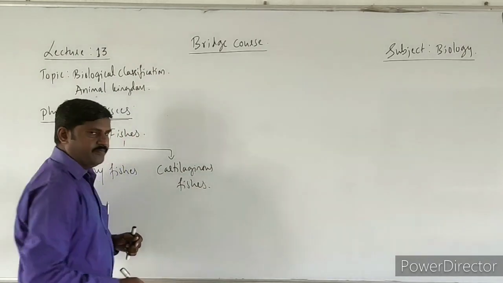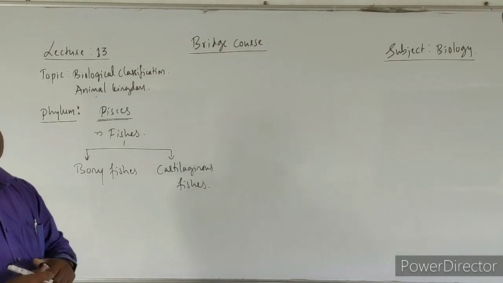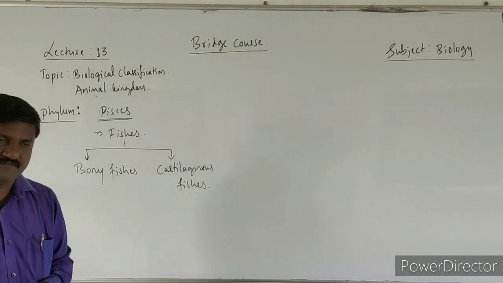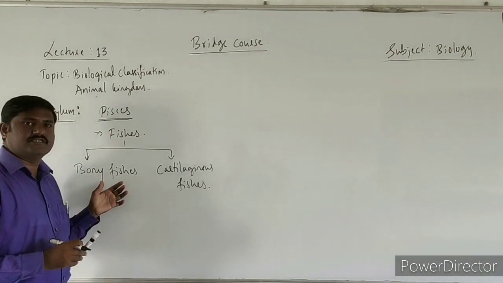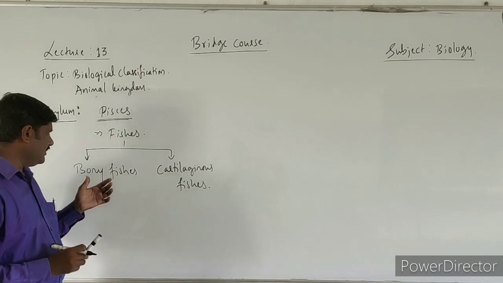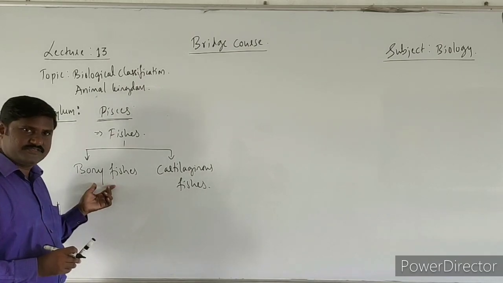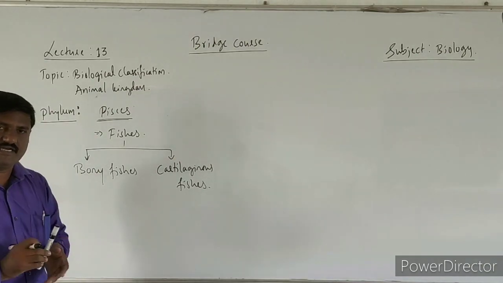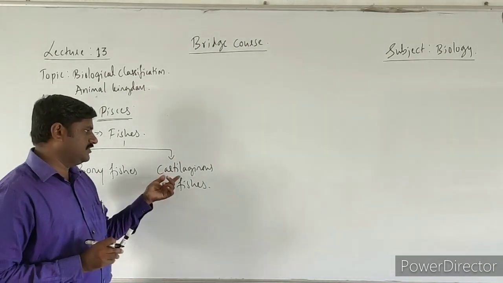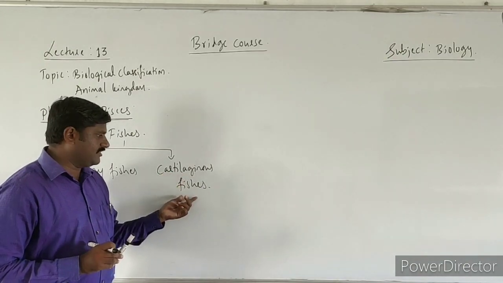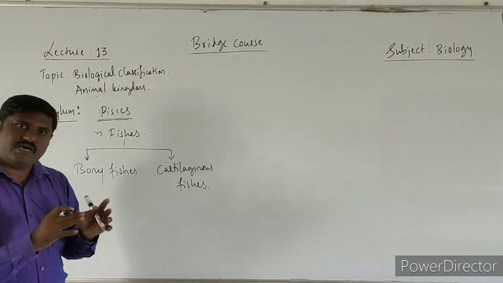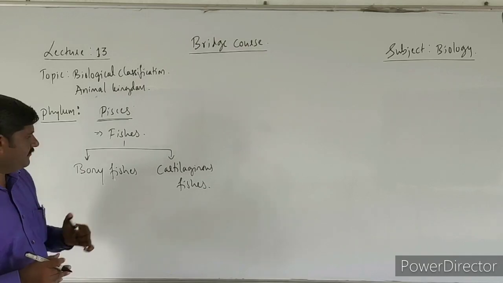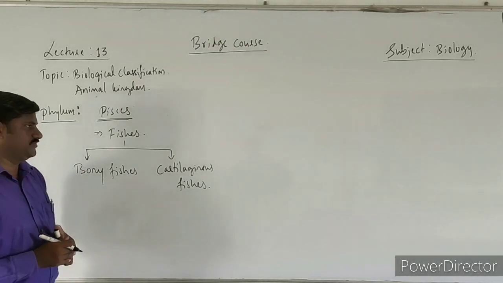Like this, based on their endoskeletal system, what it is made up of, whether the endoskeletal system of these animals is made up of bones, then these are bony fishes. If the endoskeletal system is made up of cartilage tissue, then cartilaginous fishes. This way we are going to classify the fishes into two major groups.